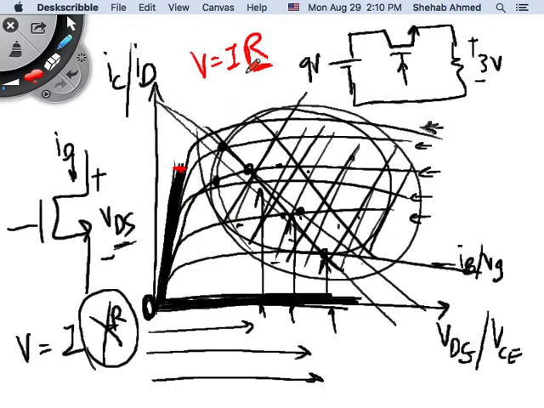And the other very interesting thing is, what is the range of voltage across the device? Is it a big range or a small range in this linear mode? Very small. I'm only talking about this small area here. So I'm only allowing voltage across the device to be a very small value.